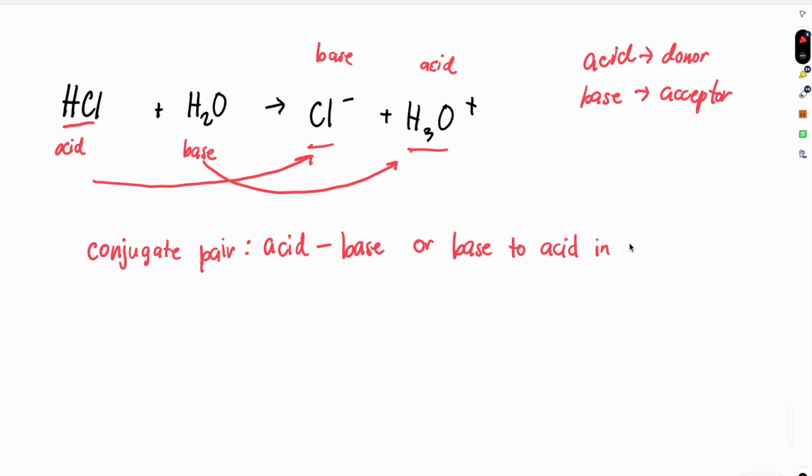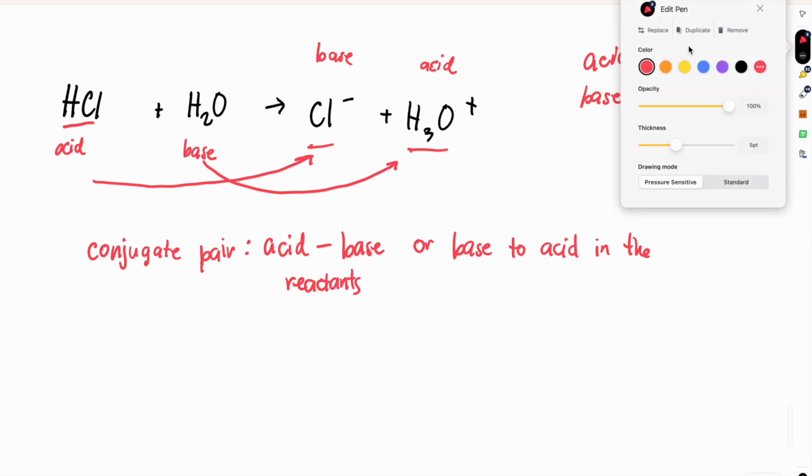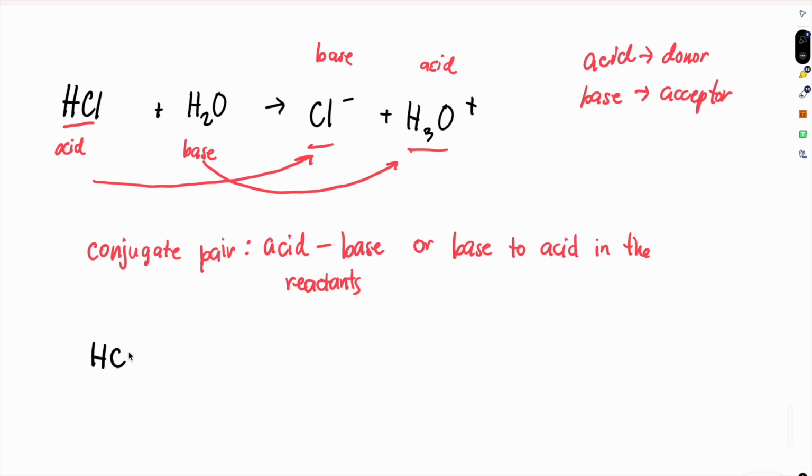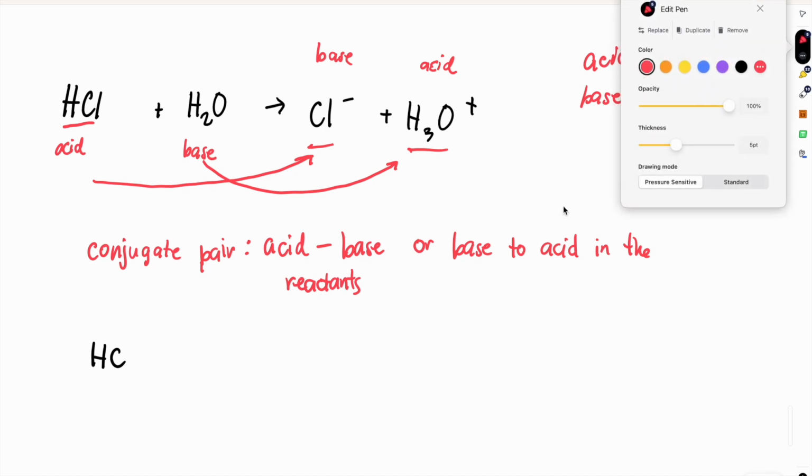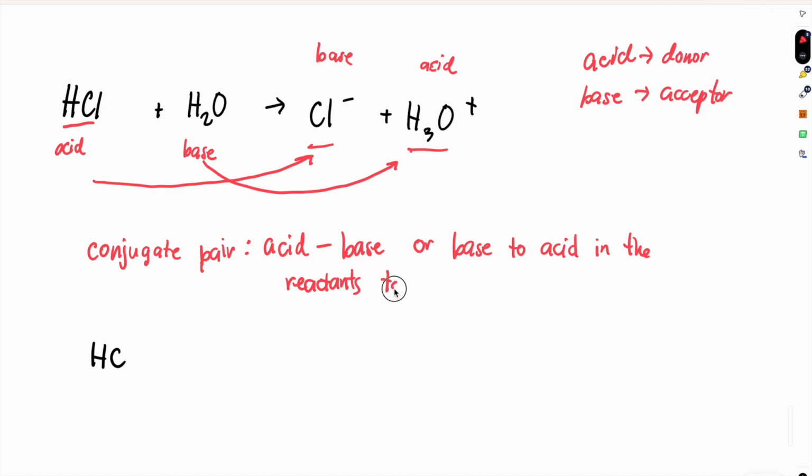It should be acid to base or base to acid in the reactant side. Also, in the product side, makakita pa conjugate pairs, of course. So, here the conjugate pairs are HCl, call lang reactants and products.